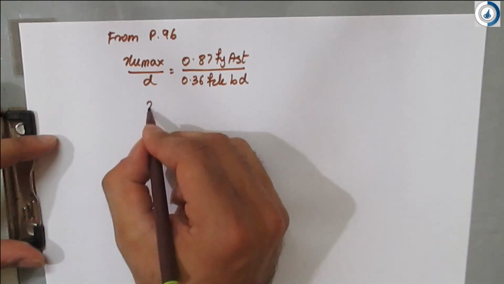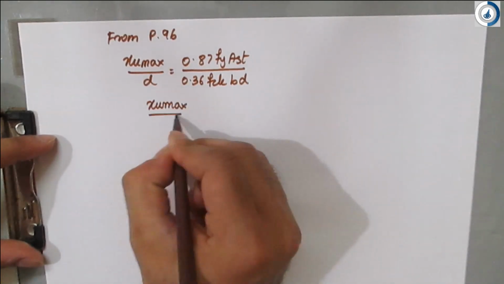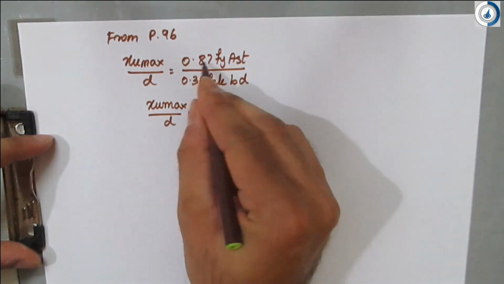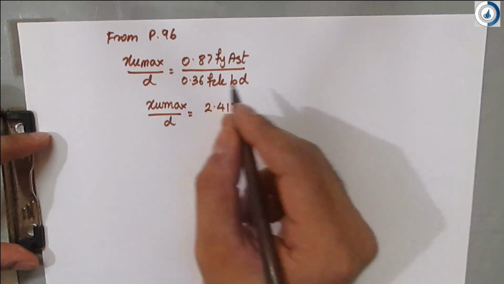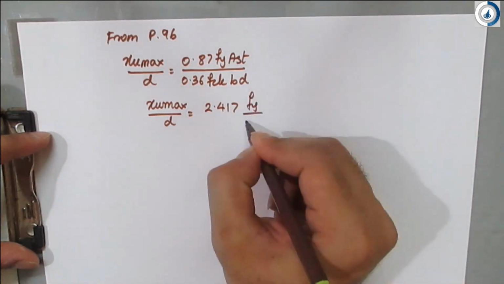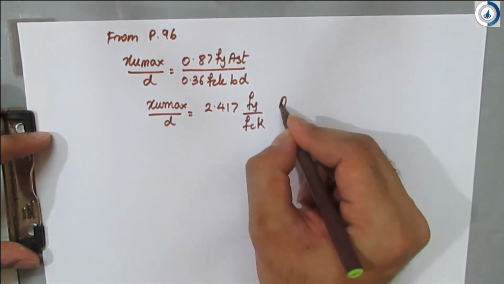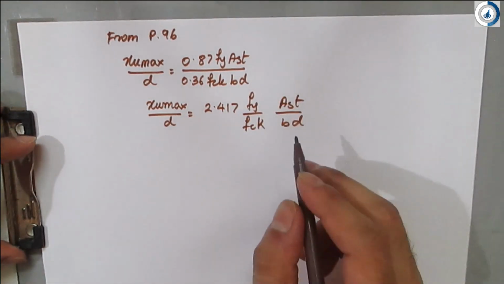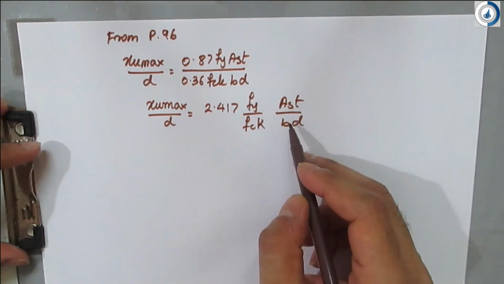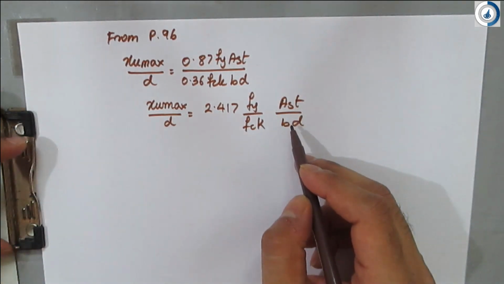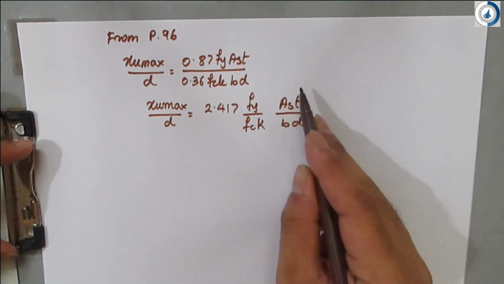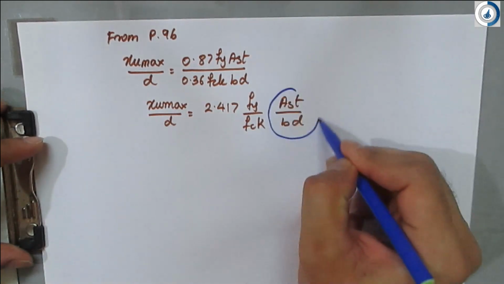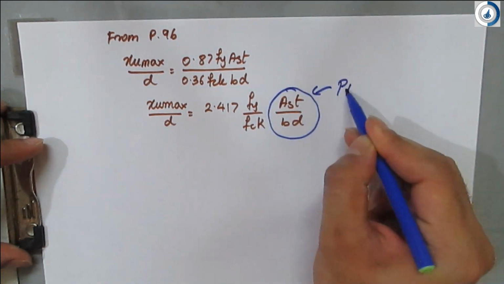So XU max by D will become 2.417, this 0.87 divided by 0.36, FY by FCK as it is and AST by BD as it is. If you remember our beam designing problems, AST by BD is nothing but the percentage of reinforcement, so you can denote it as PT.